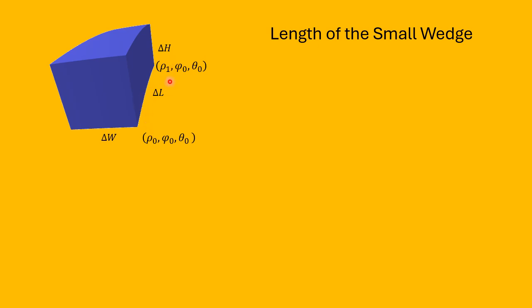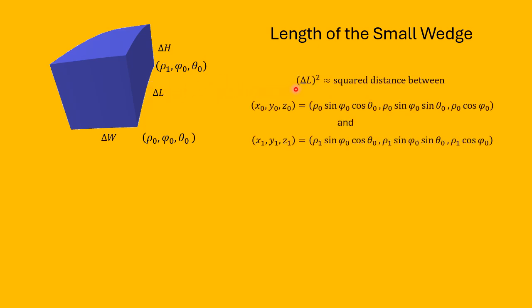As before, we'll start by basically using the Pythagorean theorem again, but we'll look at delta L squared. So let's see how we can do that. First of all, we'll say that delta L squared is the square distance between this point down here and this point up here. X naught, Y naught, Z naught is rho naught sine phi naught cosine theta naught, rho naught sine phi naught sine theta naught, rho naught cosine of phi naught.